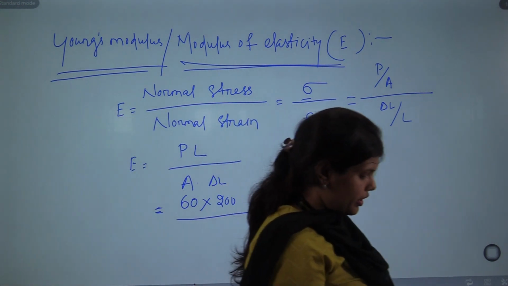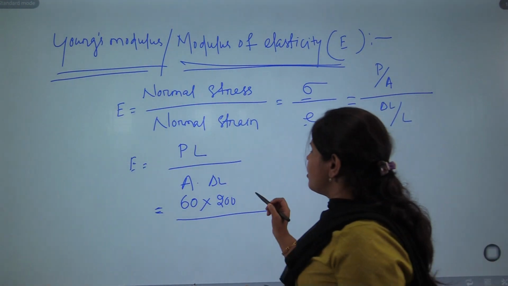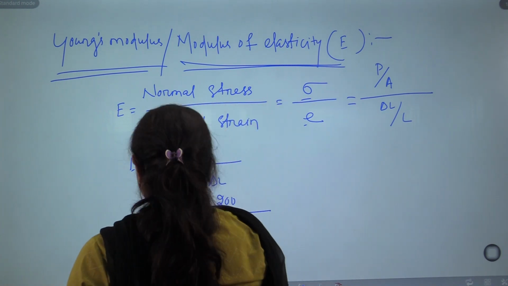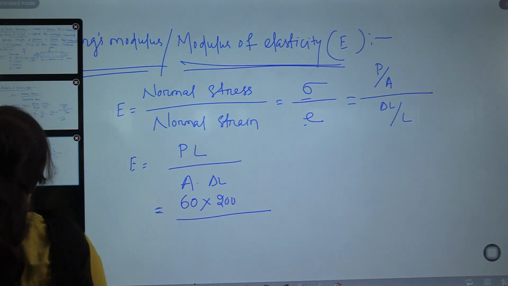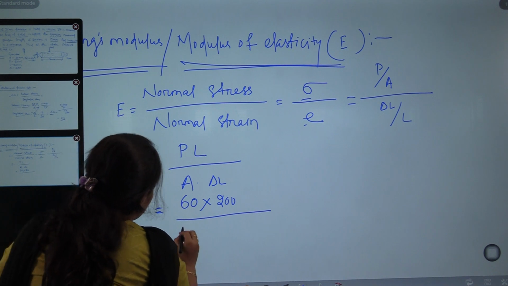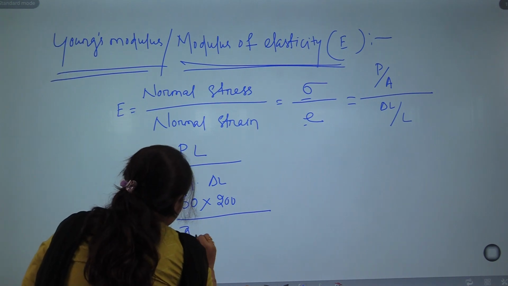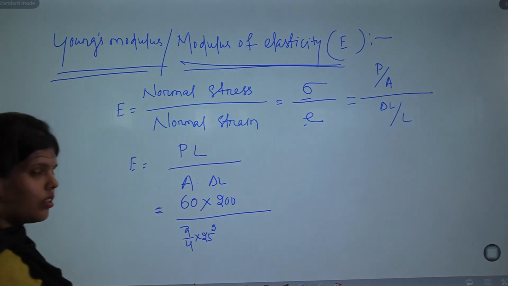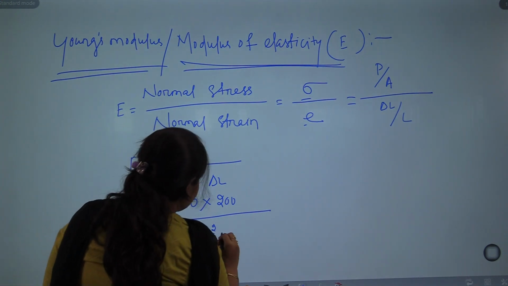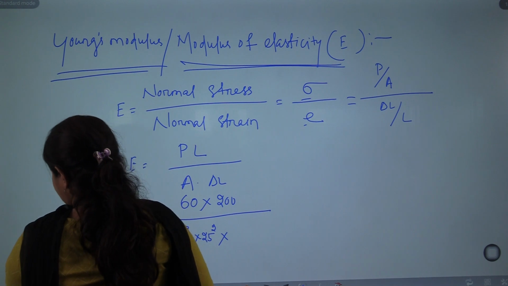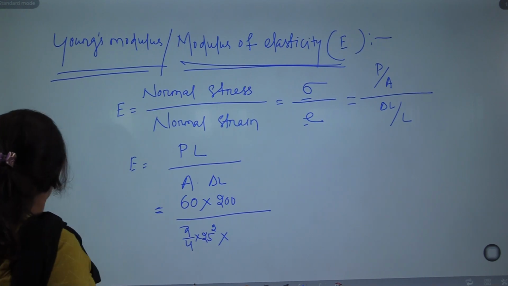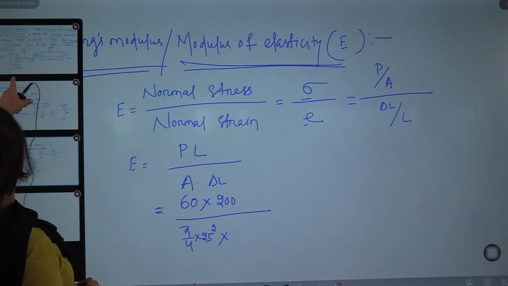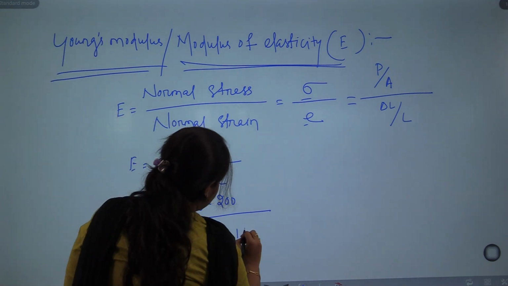As we know, the diameter is given, so pi by 4 into 25 square, we can easily calculate. The del L value is 12.